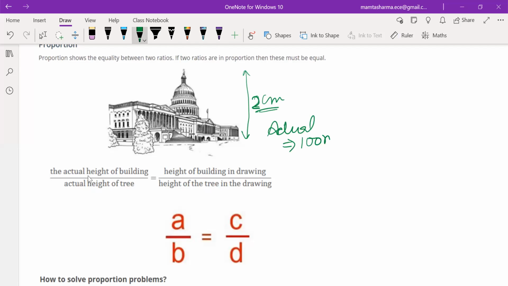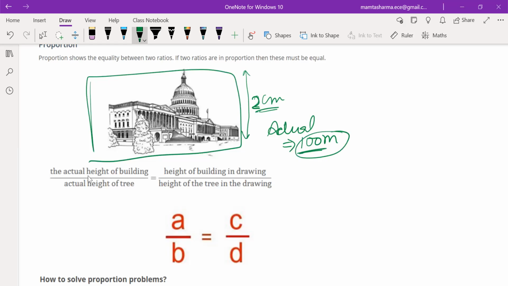If I say the actual height is 100 meter, can you tell me what is the scale of this picture? If the actual height is 100 meter and I have considered 2 centimeter here, what scale have I taken? No, 2 centimeter is not the scale.